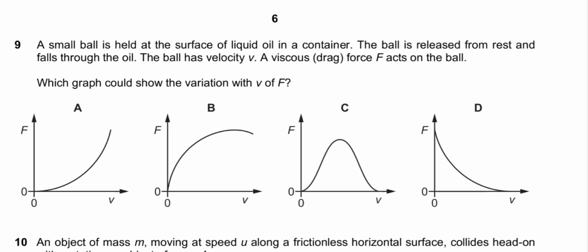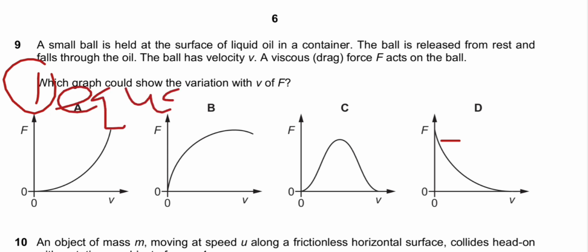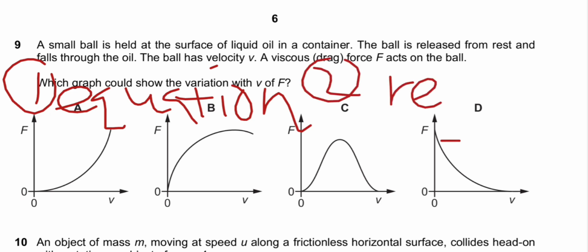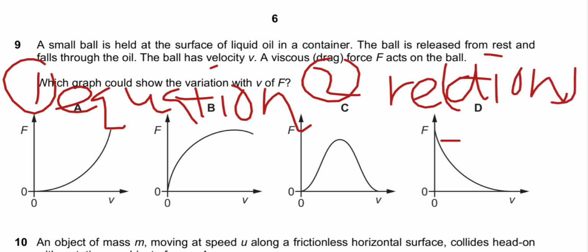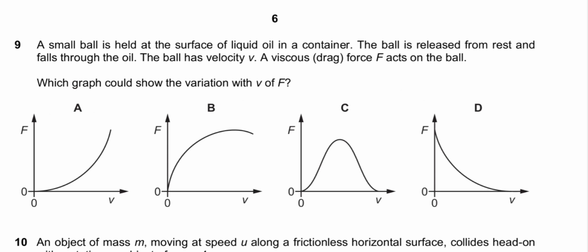So whenever you are given questions about graphs, it is important to identify two things. Number one, identify the equation. Okay, and after you have identified the equation, the second thing is identify the relationship in that equation. Once you have the relationship in that equation, you can then be able to draw the correct graph, right? And then some important relationships that you should know: if it's a cubic graph, let's say if it was v against the square root of f, the graph would then have to be a cubic graph.